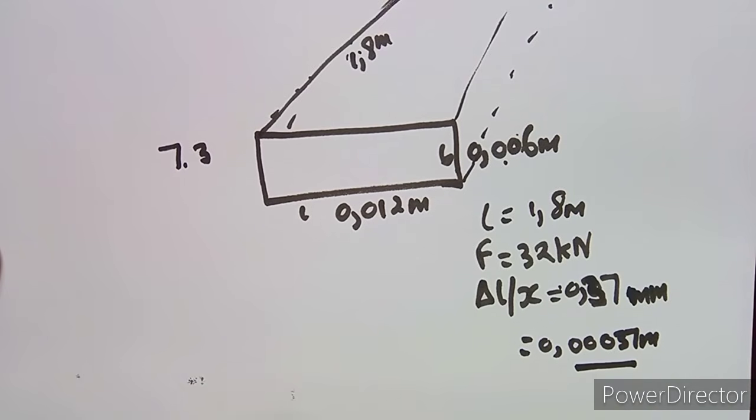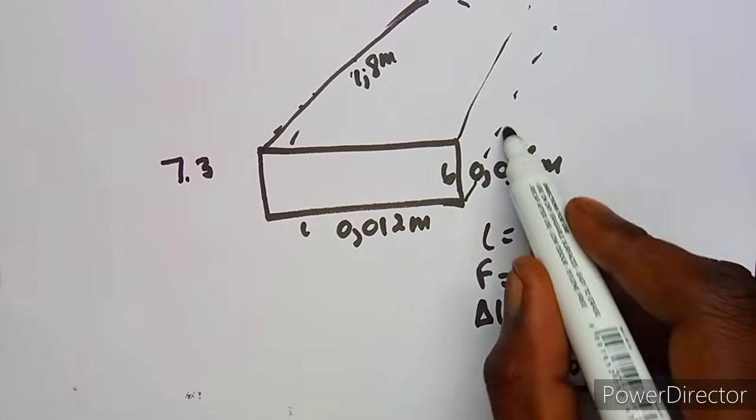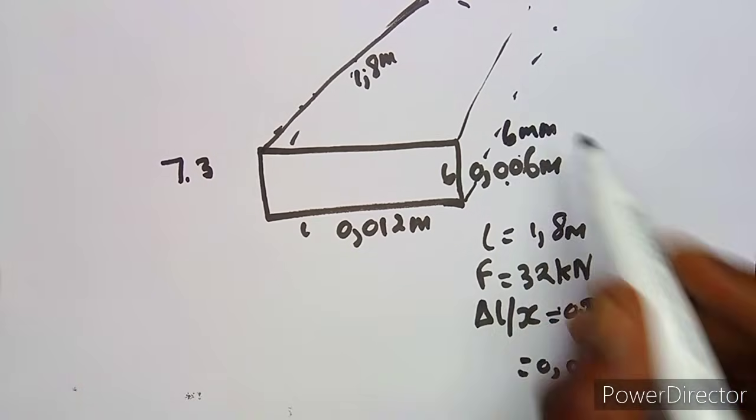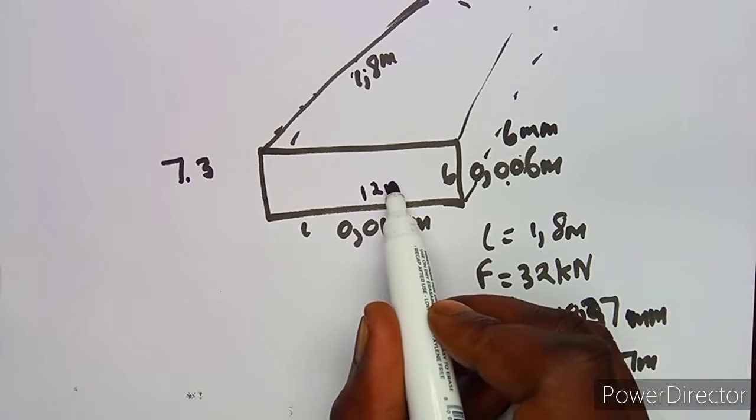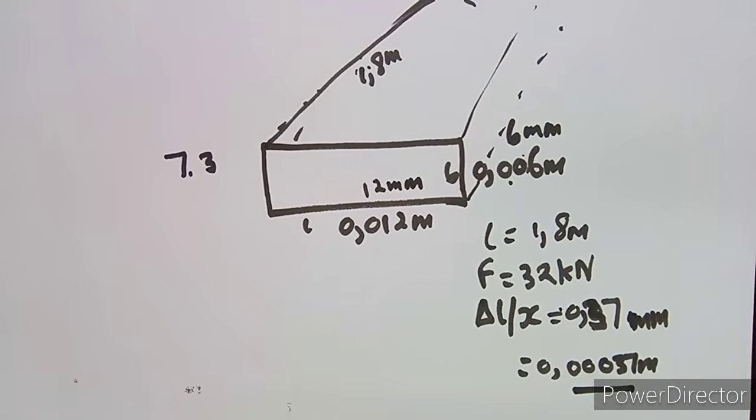The other thing, guys, is that this was 6 millimeters. Remember, this was 6 millimeters. You never know what's going to happen. Maybe you might need to use this in millimeters. So let's write in millimeters and also in meters.